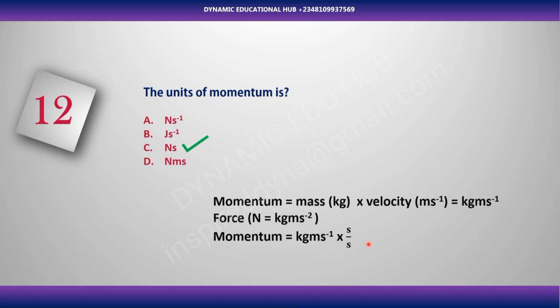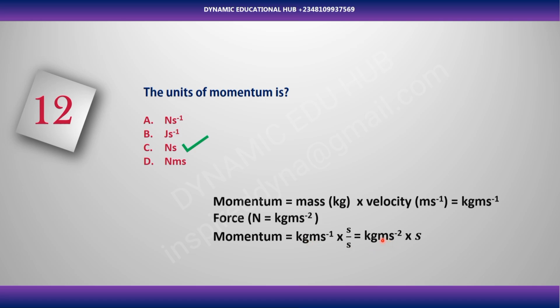Now let's do this. It is similar to when you are doing rationalization of a sum. This is the principle: multiply by seconds over seconds. Seconds can cancel seconds, but we just choose not to cancel them here. Kilogram meter per second is still the same thing as multiplying with seconds over seconds. Now let's divide this one by this one.